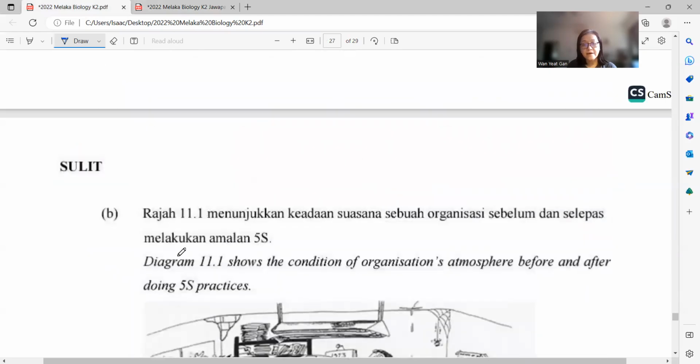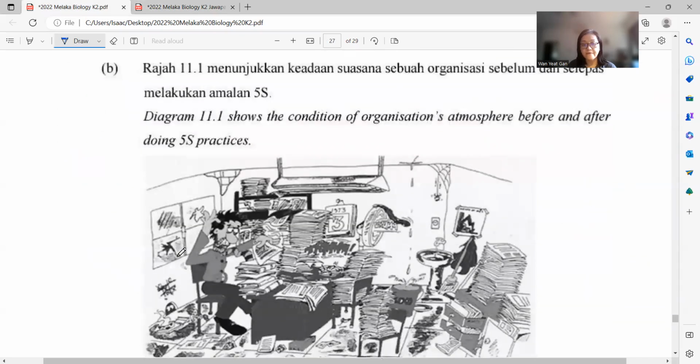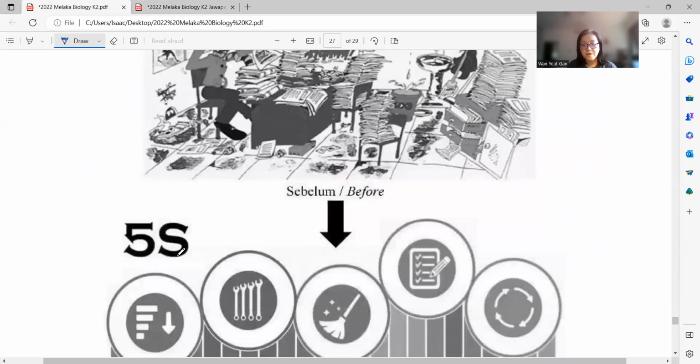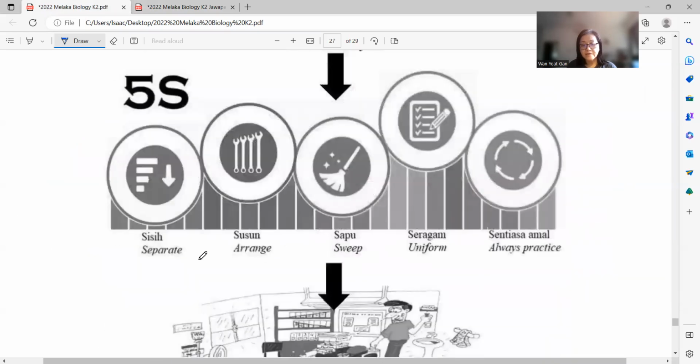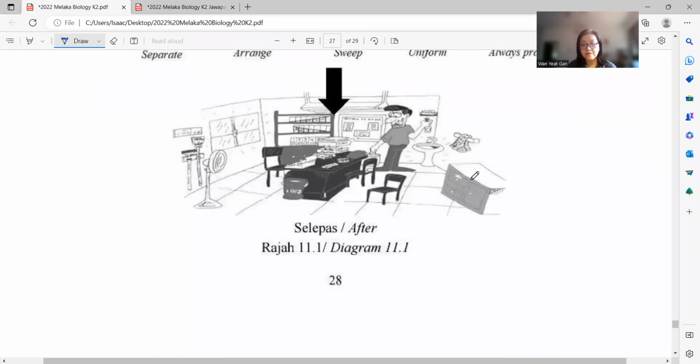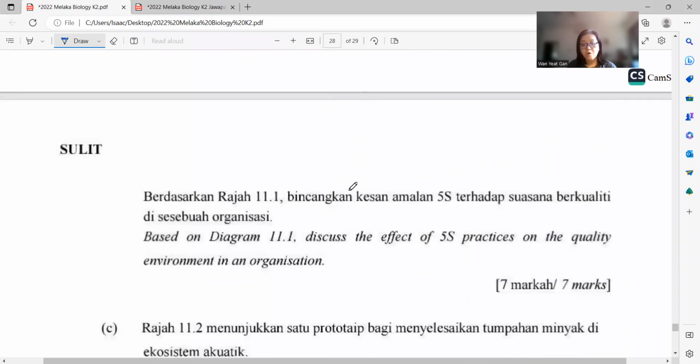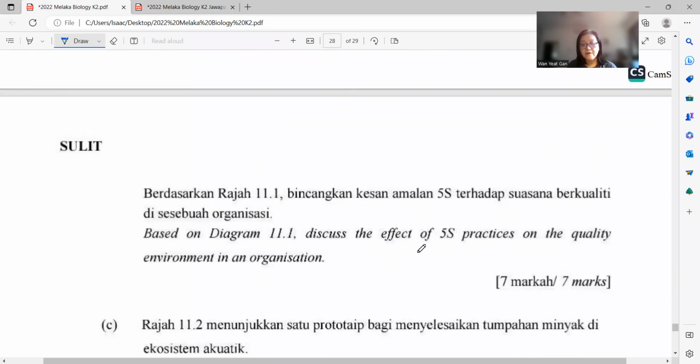Okay, so diagram 11.1 shows the condition of an organization's atmosphere before and after 5S. You see that after they carry out separate, arrange, sweep, uniform, always practice, the environment becomes cleaner and more organized. Discuss the effect of 5S practices on the quality environment of an organization.